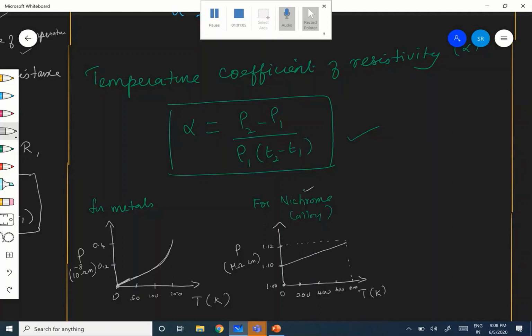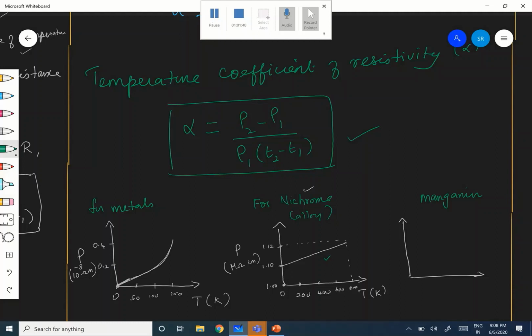But if I take constantan, why I told you manganese and constantan are meant for making resistance coils. Why do we prefer them? If you see for manganese or constantan, the change in resistivity is very small, up to 800 Kelvin.